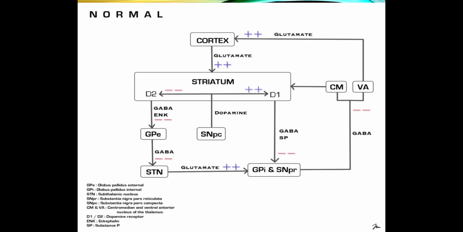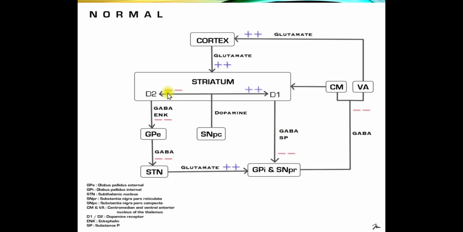Okay, so the outputs here in the striatum are referred to as a direct and an indirect pathway. Direct because here when dopamine stimulates the D1 receptor, it goes directly to the output nuclei, using GABA. So it tends to inhibit the GPi and the pars reticulata of the substantia nigra.